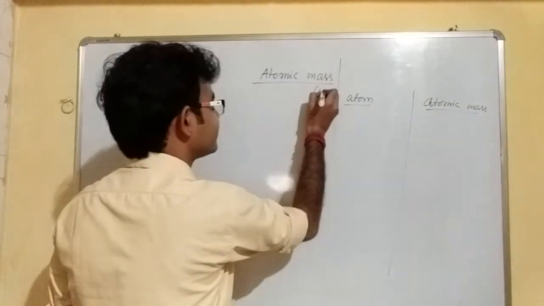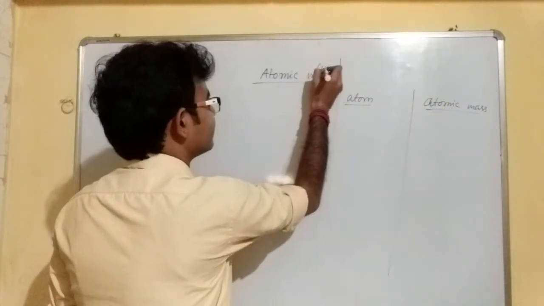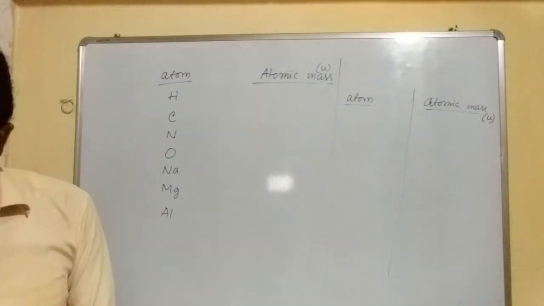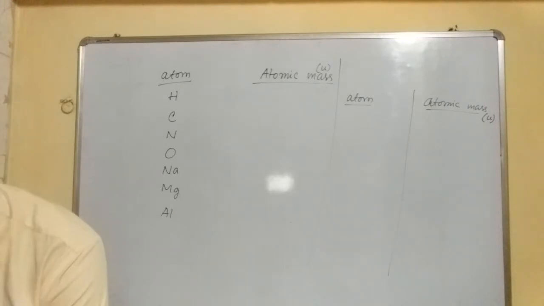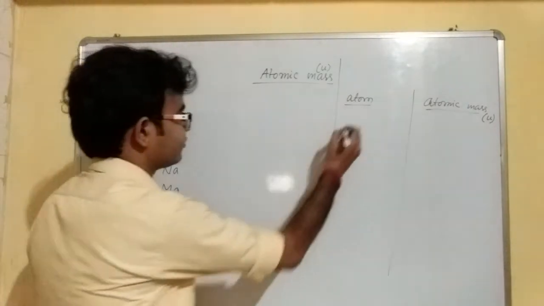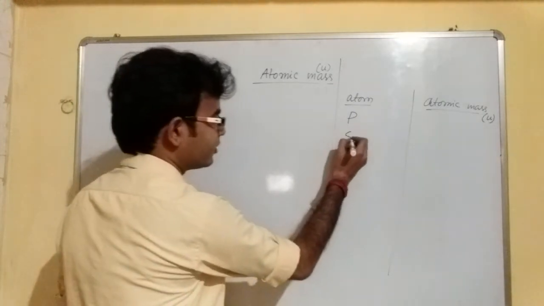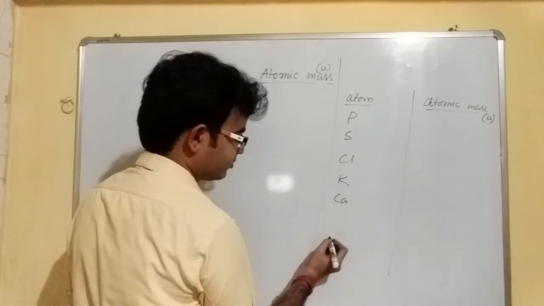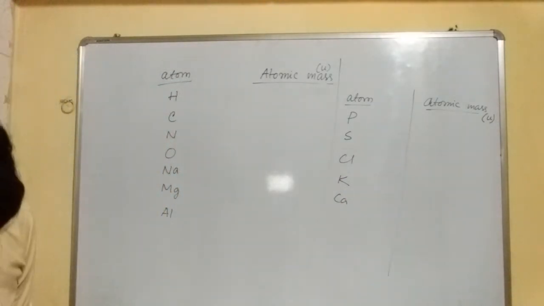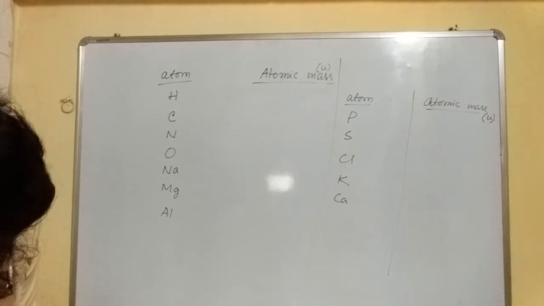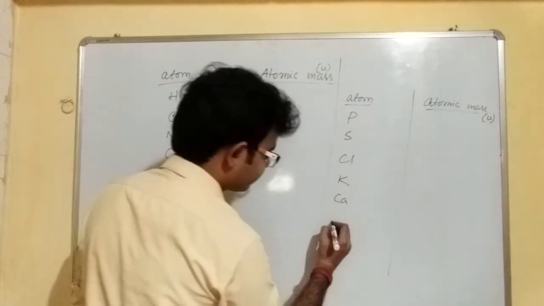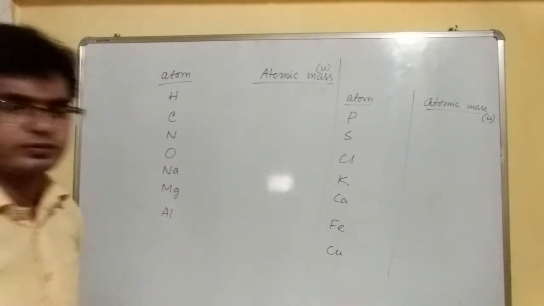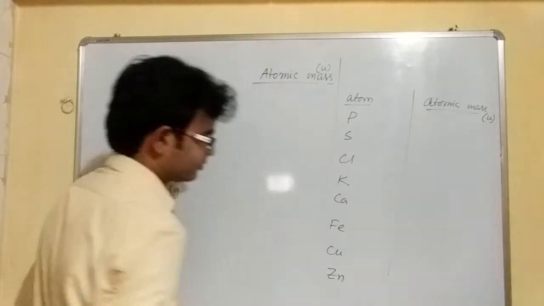Atomic mass unit is U. I will not write U so many times, I will write the number only. Remember you have to write U for each and every element. Here it is phosphorus, sulfur, chlorine, potassium, calcium, iron, copper. That's enough. You can write zinc also.